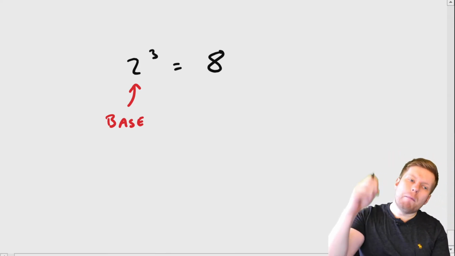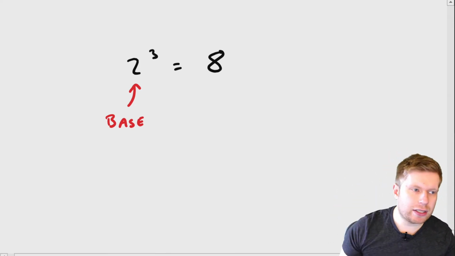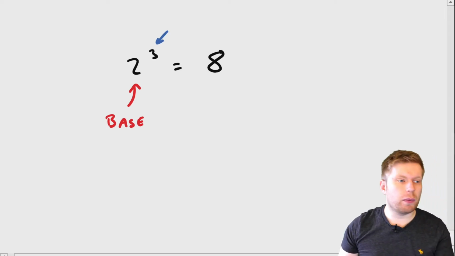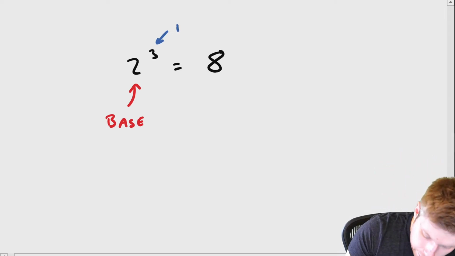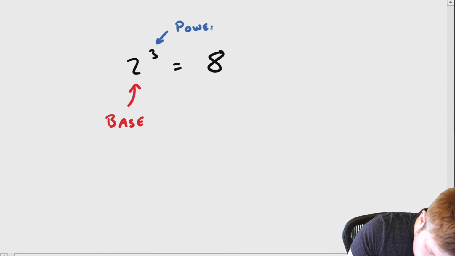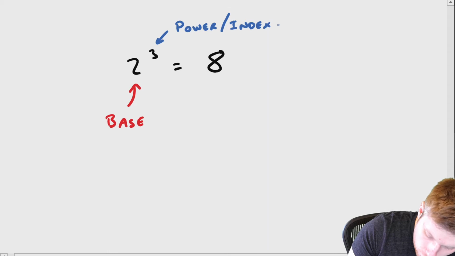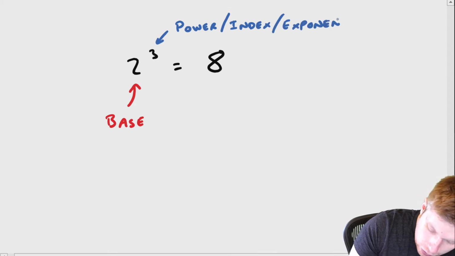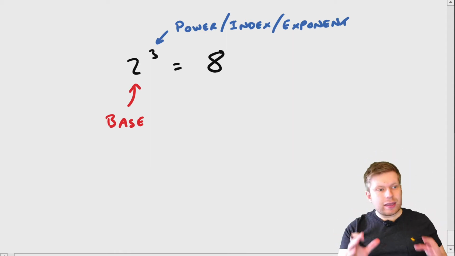That is the number that we are multiplying by itself however many times. Then how many times we're multiplying the 2 by itself, we call that either the power or the index. In fact, there is another word for it, which is the exponent. You may have come across these words before. They all mean the same.